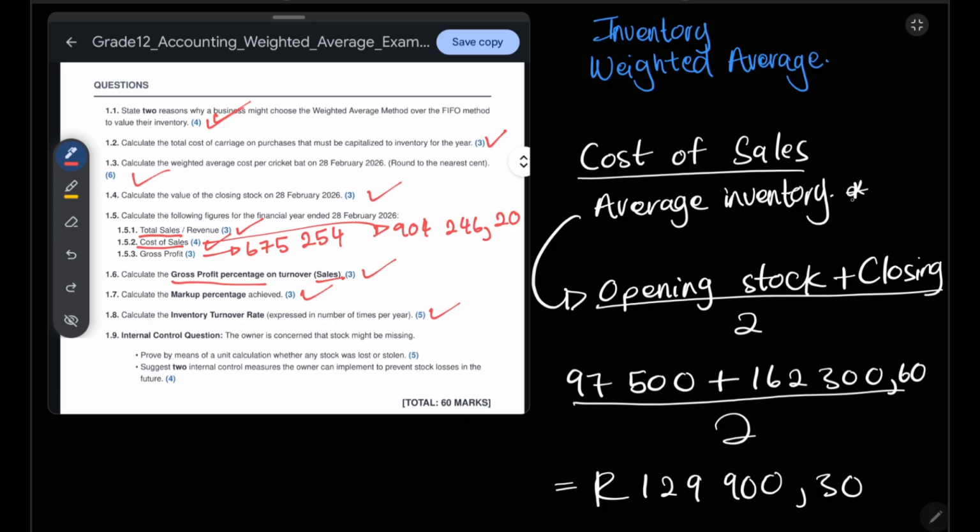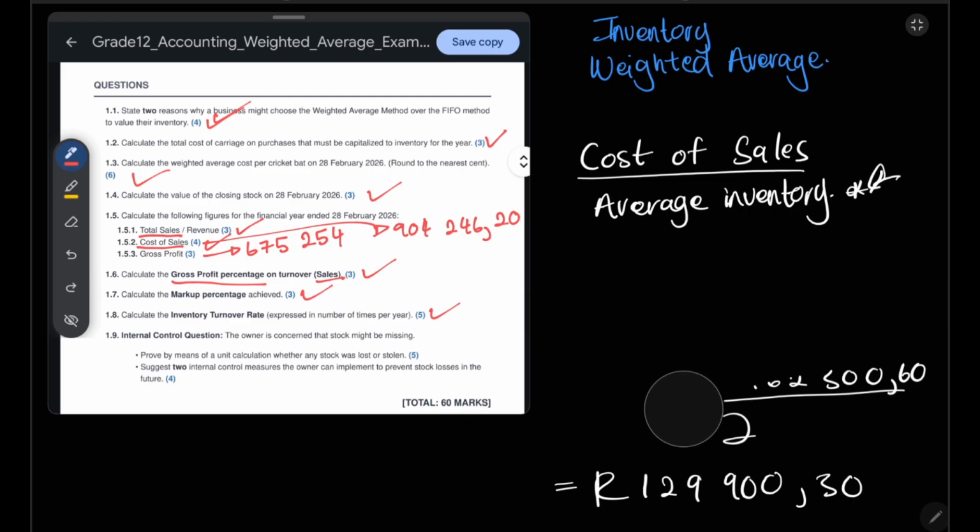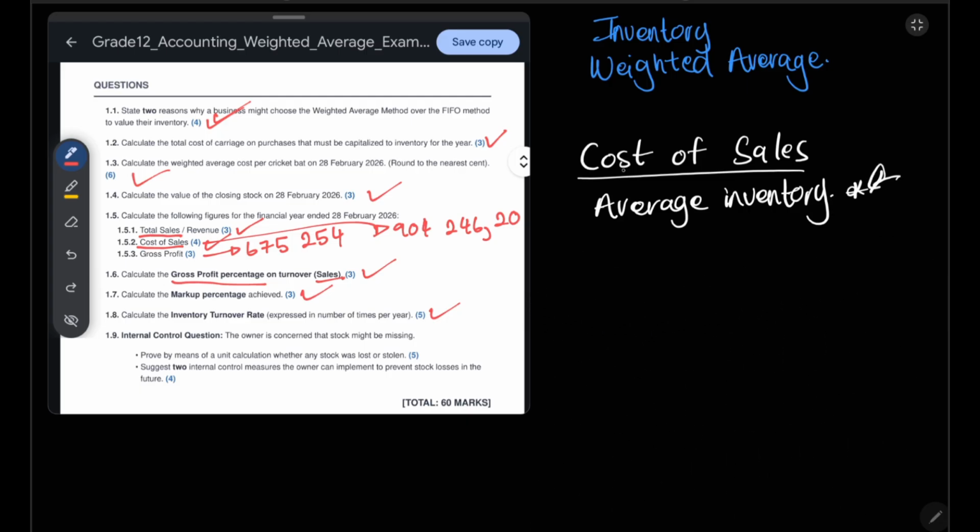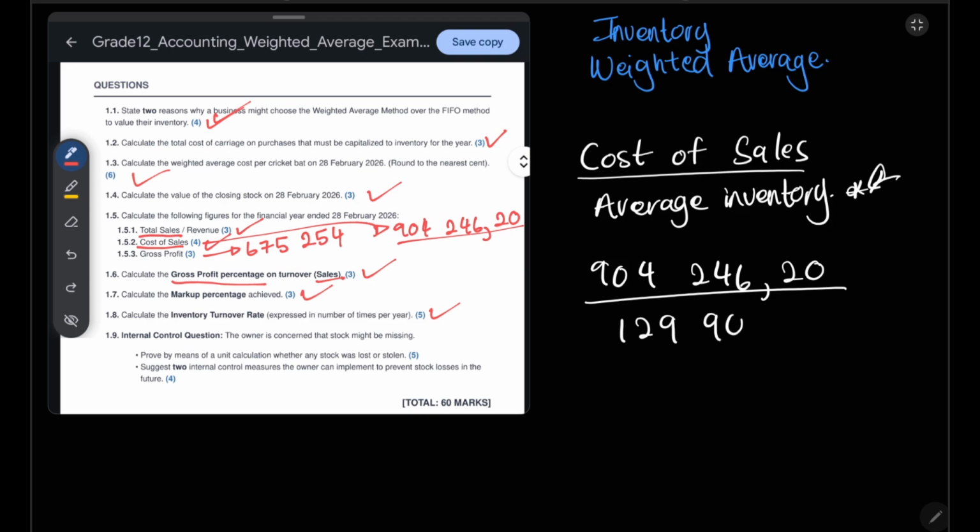Now let's substitute this there. I'm going to erase this information. This will be your cost of sales. Remember, cost of sales is 904,246.20 over your average inventory that you just calculated, 129,930 cents.